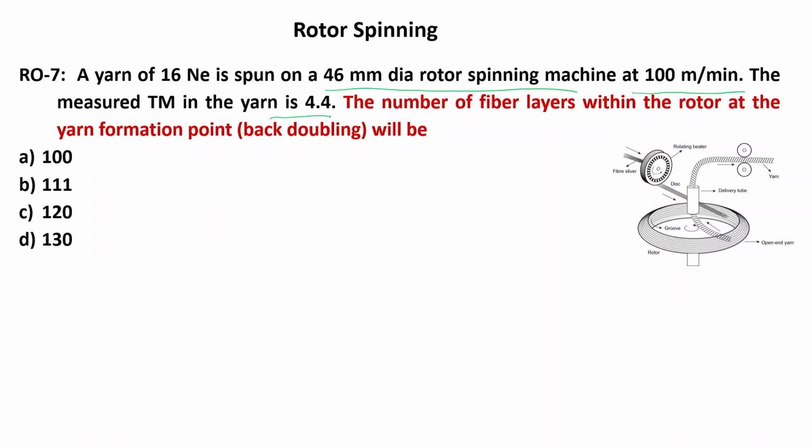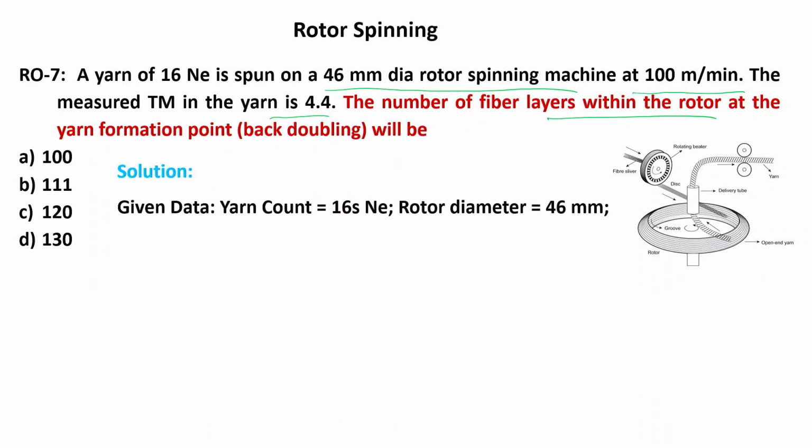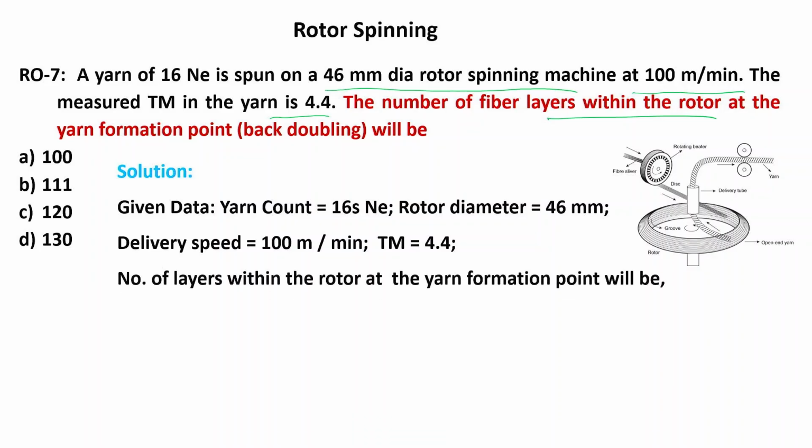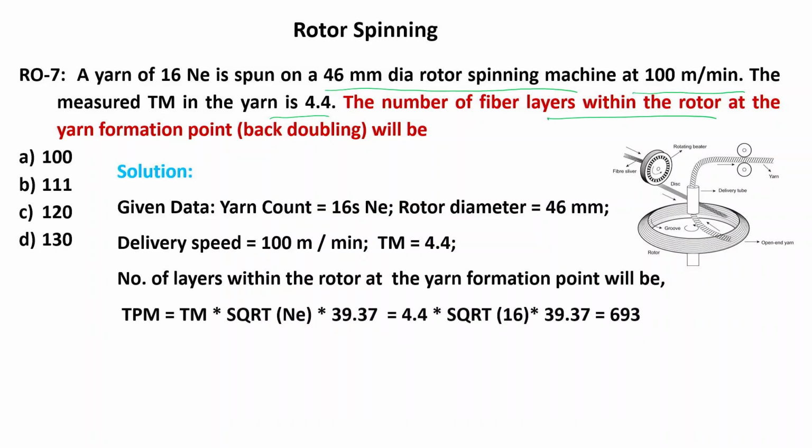The number of fiber layer within the rotor at yarn formation point will be, that means back doubling. So, what will be back doubling? So, yarn count is given 16 Ne, rotor diameter is given 46 millimeter. So, delivery speed is 100 meter per minute and TM is given. So, number of layer we have to calculate.